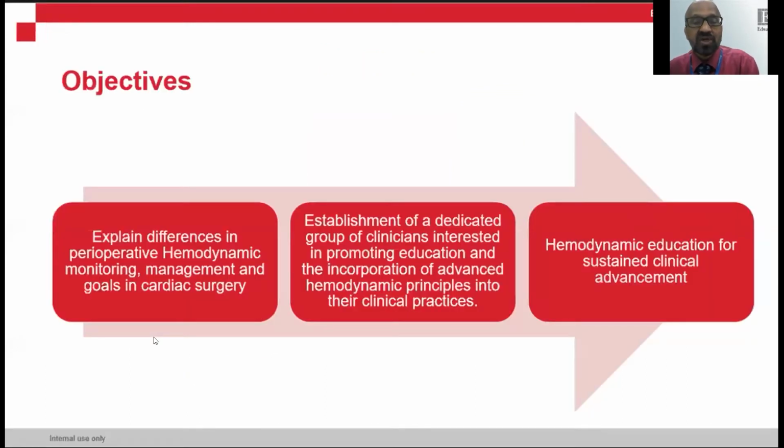The objective is to explain the differences in perioperative hemodynamic monitoring management and goals in cardiac surgery, and establish a dedicated group of clinicians interested in promoting education and incorporation of advanced hemodynamic principles in clinical practice, and hemodynamic education for sustained clinical advancement.